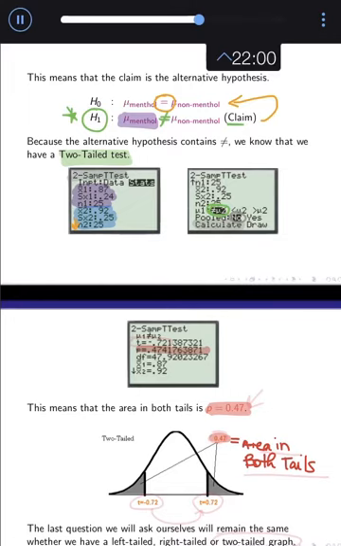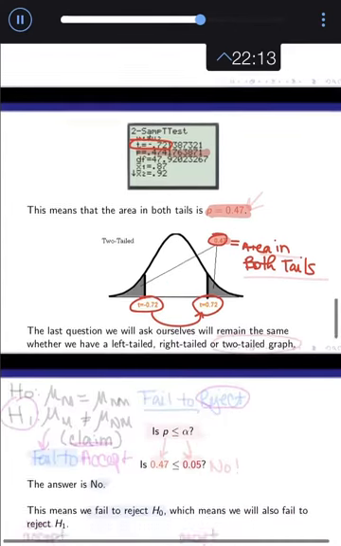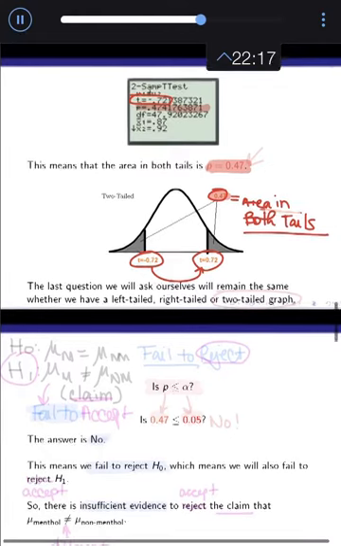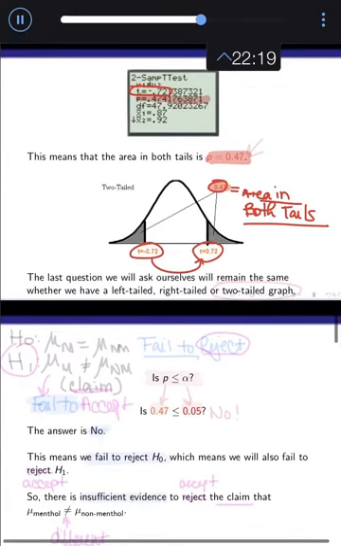What did they use to make our two tails? The first t they used was a negative 0.72, and remember it's symmetric, so they used the same t but positive on the other tail to come up with this area on both ends, and then they just multiply one of the ends by 2 to get the area in both tails. So they did a two-tailed graph automatically. That's what the calculator did for us to find the p-value.